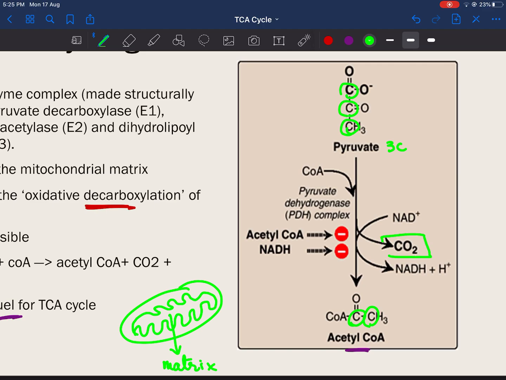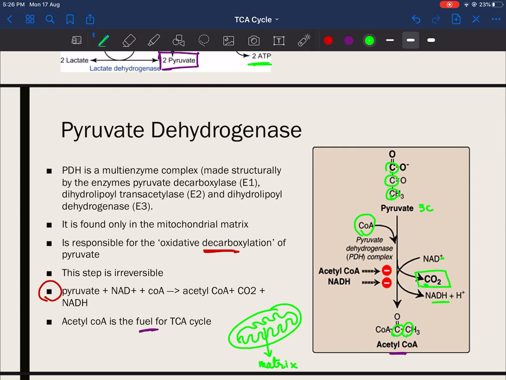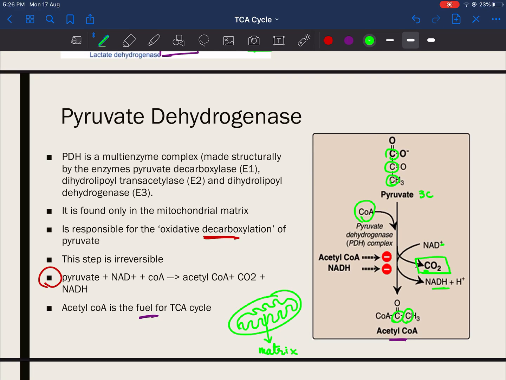You're producing 1 molecule of carbon dioxide. This is where 1 carbon is given off. So this carbon dioxide is obviously exhaled, it's excreted in the lungs, it's a waste product. So an NAD+ is reduced to NADH, right here. And you need this as well. This is a raw material as well, and that's the pyruvate dehydrogenase complex.